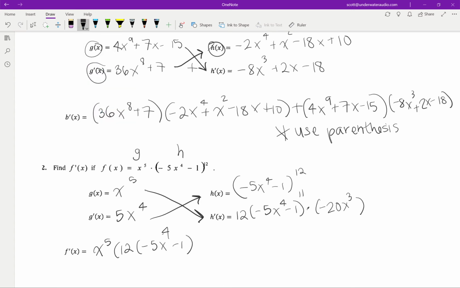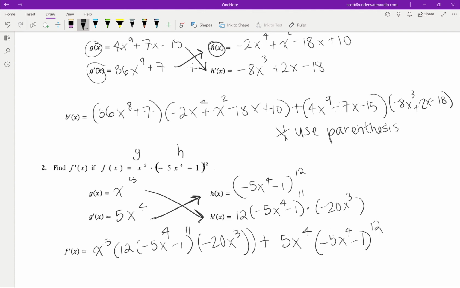Times negative 20x cubed. Okay, so I did x to the 5th times 12 negative 5x to the 4th minus 1 to the 11th power, almost forgot that, times negative 20x cubed. Okay, perfect. Now I'm going to add it to the multiplication of going this way, which would be 5x to the 4th times negative 5x to the 4th minus 1 to the 12th power.